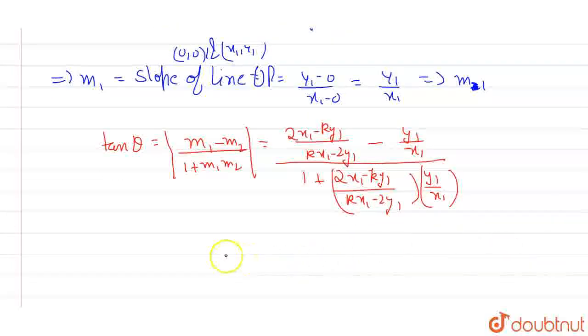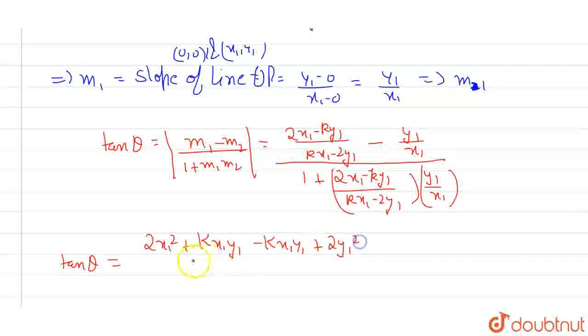If we simplify this more, we are left with tan theta coming out to be 2 x1 square plus k x1 y1, minus k x1 y1 again, plus twice of y1 square, right. With this we are having the denominator as x1 times k x1 minus twice of y1, right.